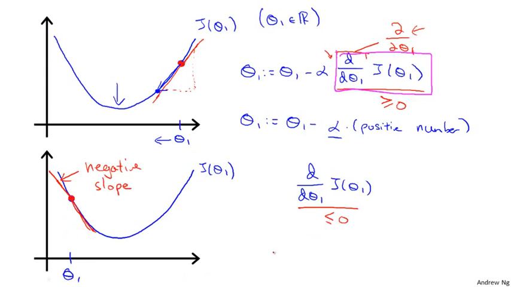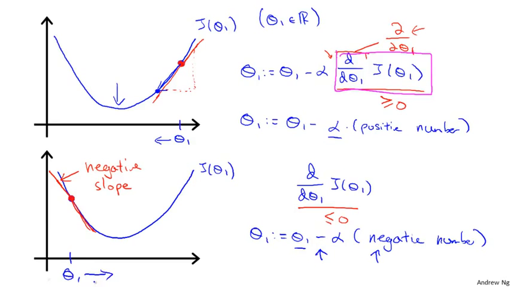So when I update theta, theta gets updated as theta minus alpha times a negative number. So I have theta 1 minus a negative number, which means I'm actually going to increase theta, because it's minus of a negative number, which means I'm adding something to theta.